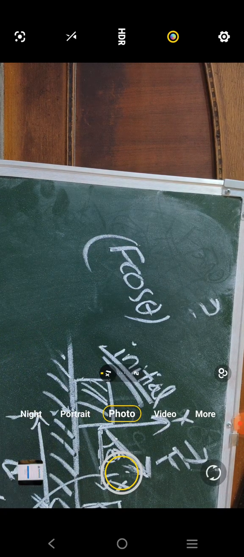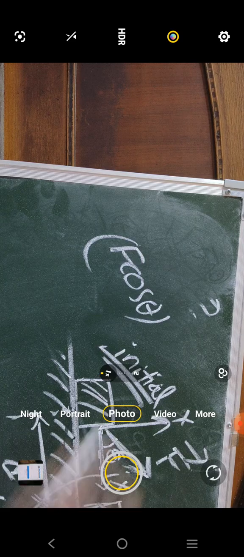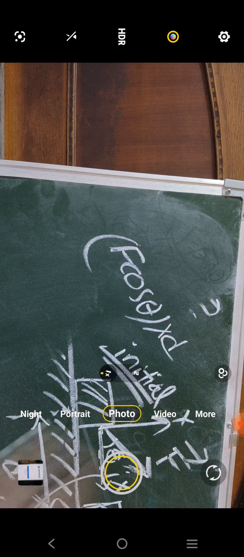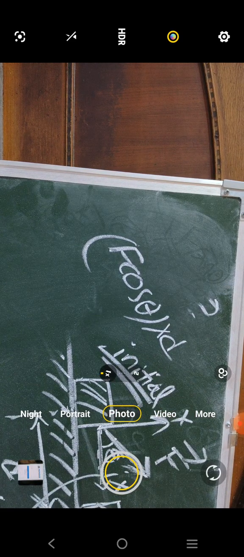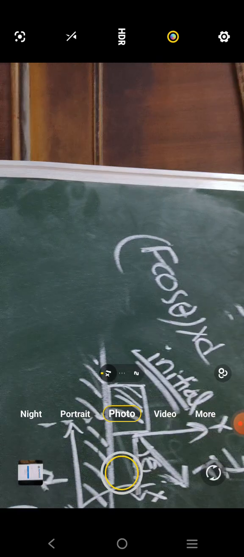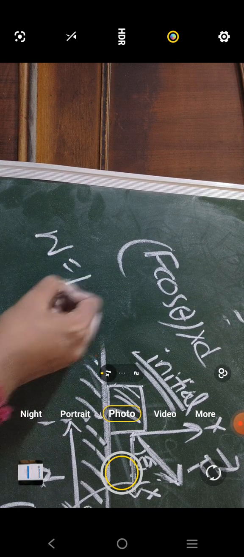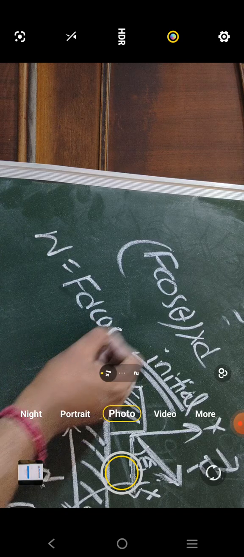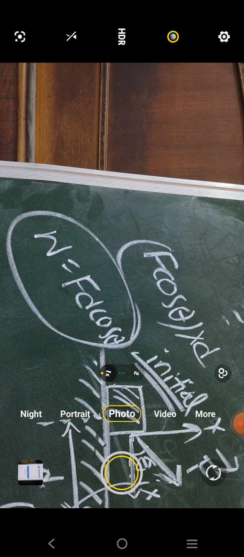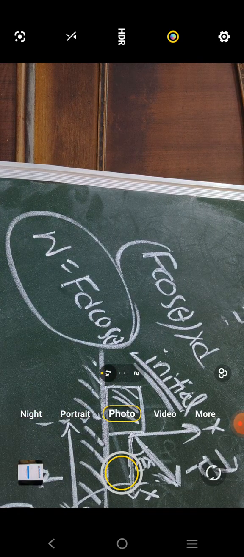The product of this component and the magnitude of displacement d gives F cos theta into d. So work done equals F d cos theta.